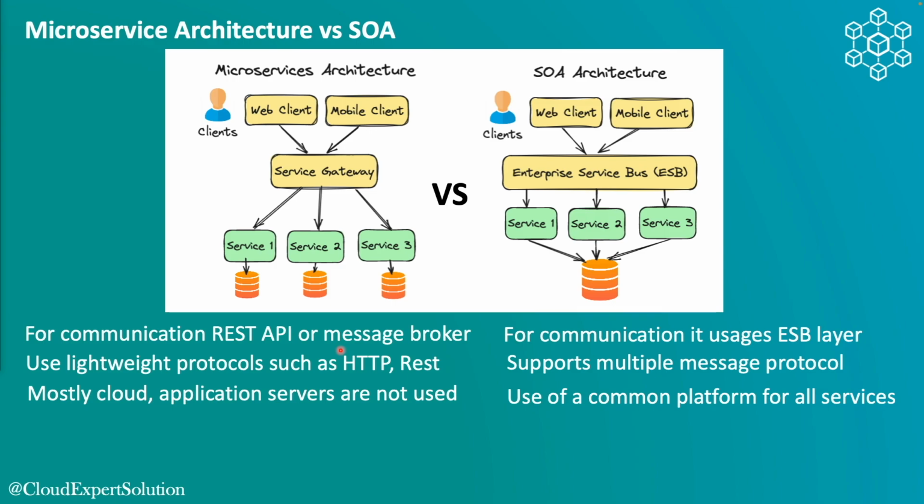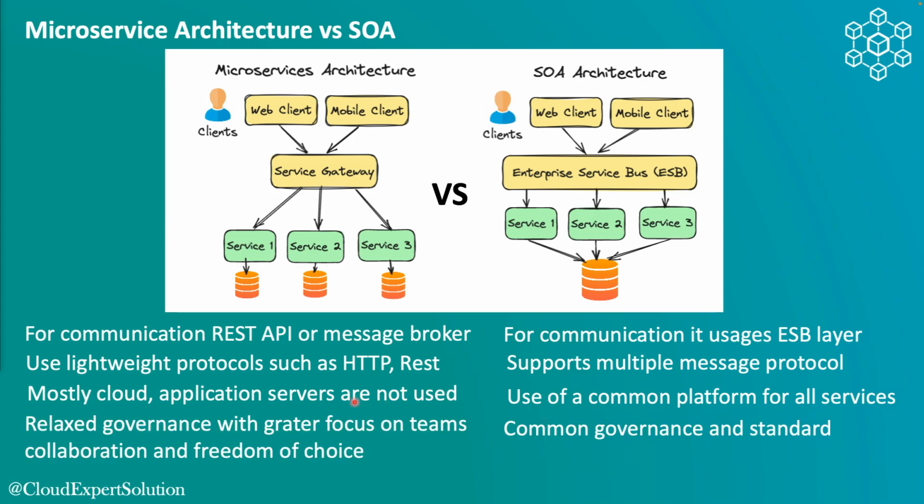Microservice architecture is mostly cloud native, and nowadays we are not managing or maintaining application servers for microservice architecture. Whereas for SOA architecture, we use a common platform for all services. And still, if we are using on-premise, there we are using SOA architecture. Microservice architecture will have relaxed governance with greater focus on team collaboration and freedom of choice. Whereas for SOA, there should be a common governance and standard.